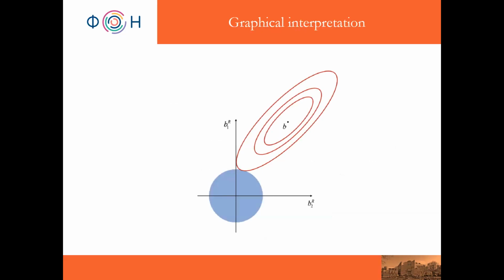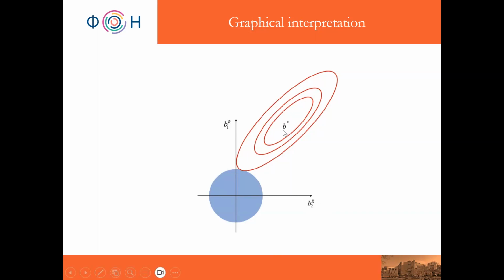So here is an example of how ridge regression works. Let's take an example where we have a model with 2 independent variables. So we have beta 1 and beta 2, which we have to estimate.